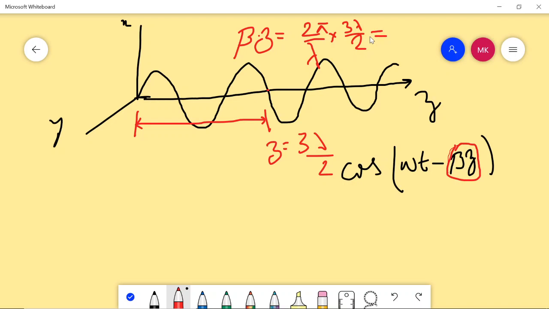So here it comes out to be, and this will be cancelled out, and you have 3 pi. You can see that you have total phase now 3 pi. Here it is 2 pi for 1 lambda, and it will be one more pi, and it will be 3 pi.